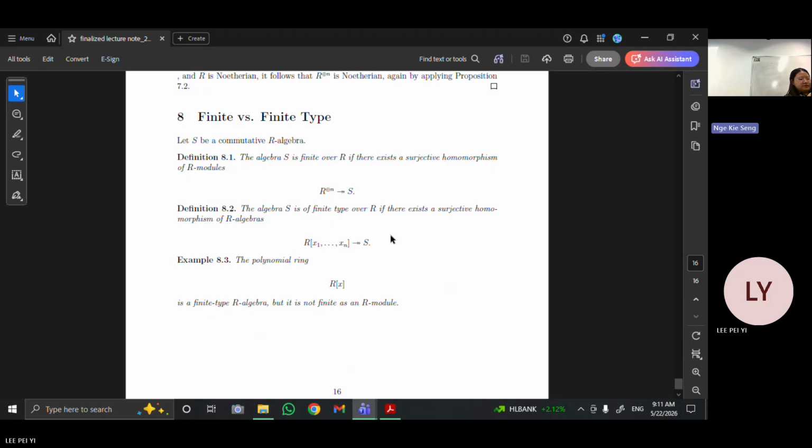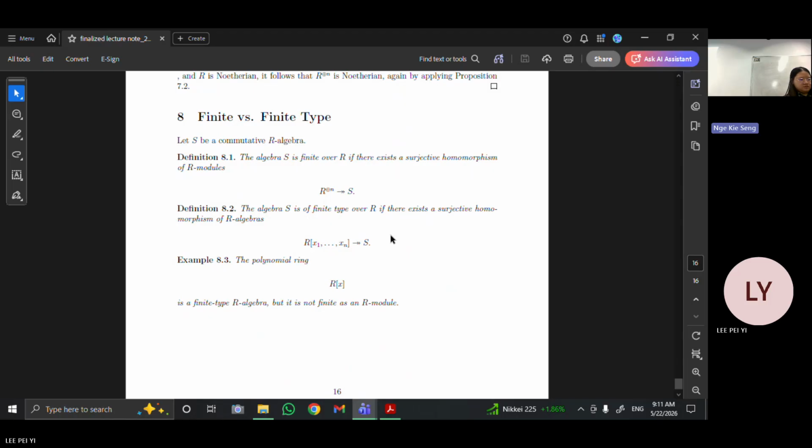For the first definition, the algebra S is finite over R if there exists a surjective homomorphism of R modules R^n to S. And the next definition, the algebra S is of finite type over R if there exists a surjective homomorphism of R algebras.